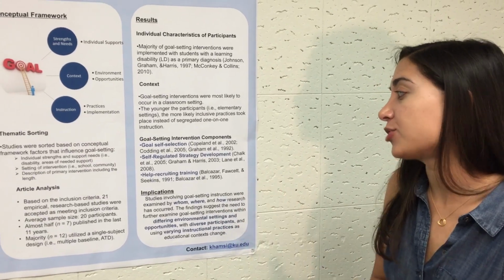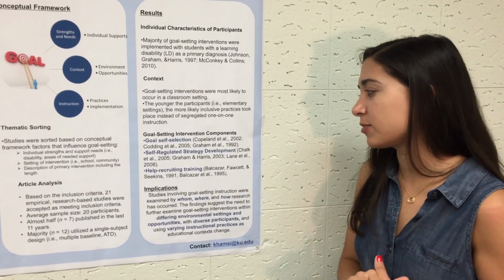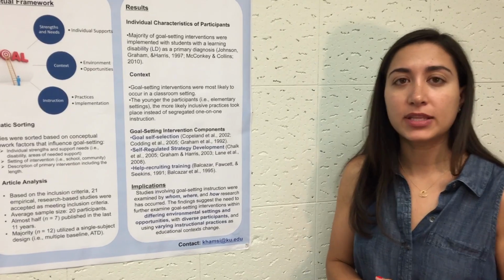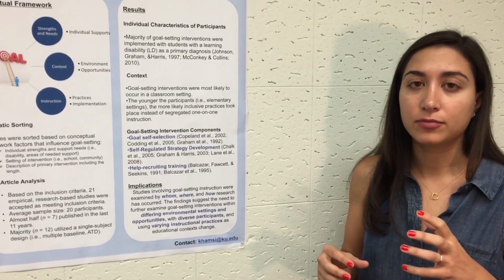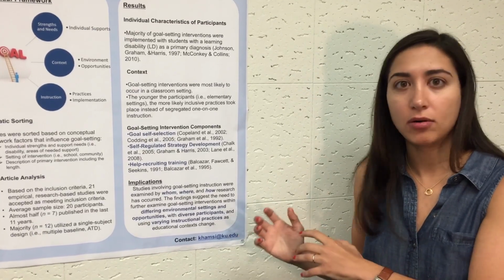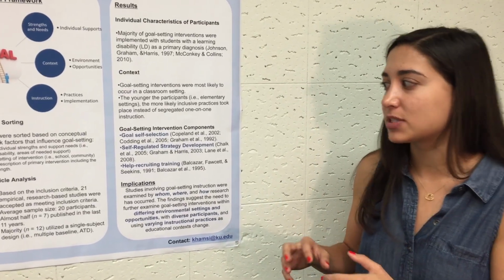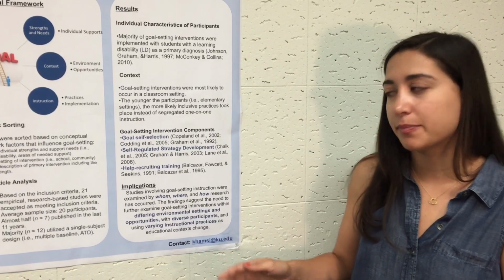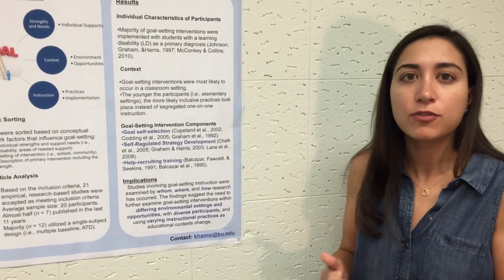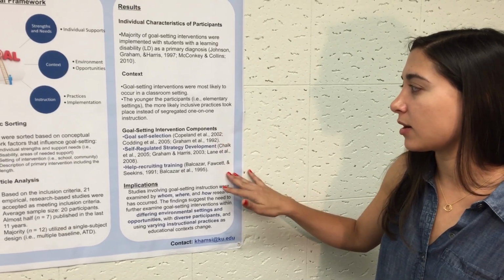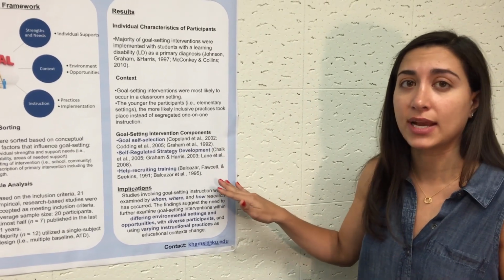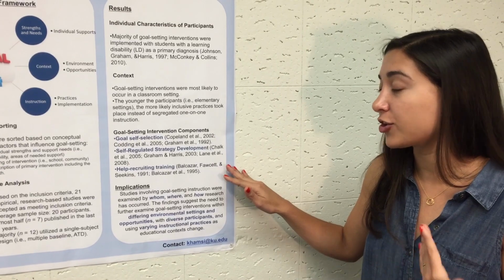And then help recruiting training, which occurred within the same research team, but is really about finding others to help you set a goal: asking for support from your teachers, your parents, and your peers to inform your decision-making process. These were the components most prevalent amongst articles that had increased outcomes in goal setting.